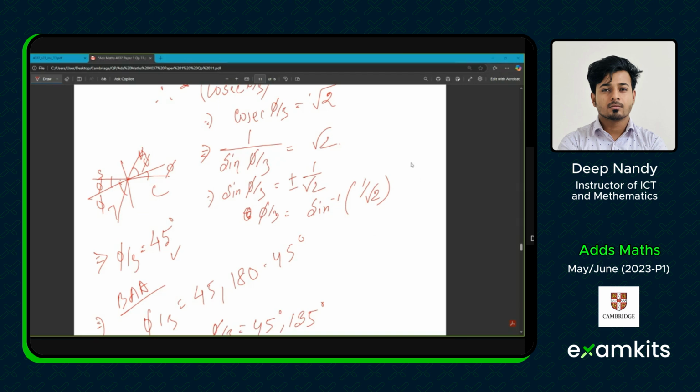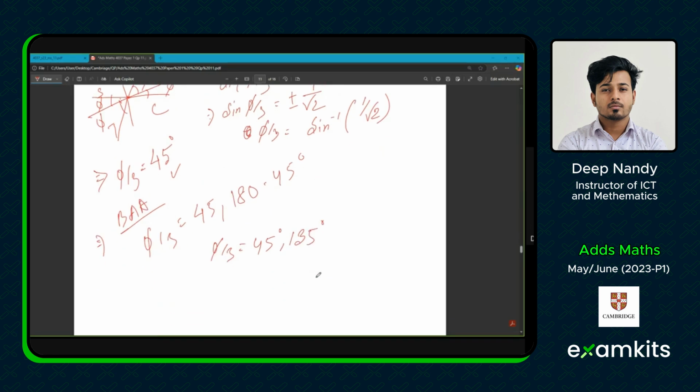We're going to need more of these values. So 135 into 3, 405, we are solving. 5 by 3 equals to 45 here.